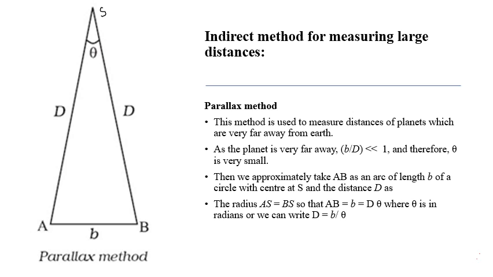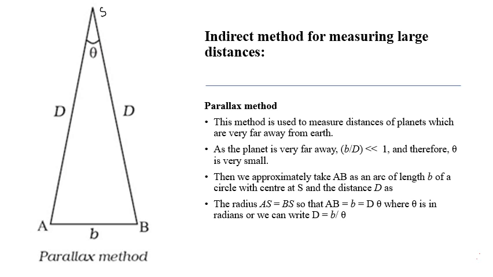To measure the distance D of a far away planet S, for example, look at the diagram. To measure the distance D, capital D, of the far away planet S by the parallax method, we observe it from 2 different positions or 2 different observatories A and B on the Earth, separated by a distance small b.